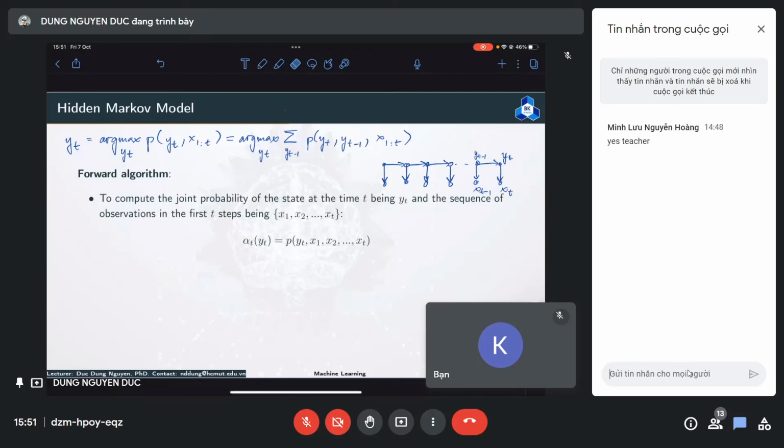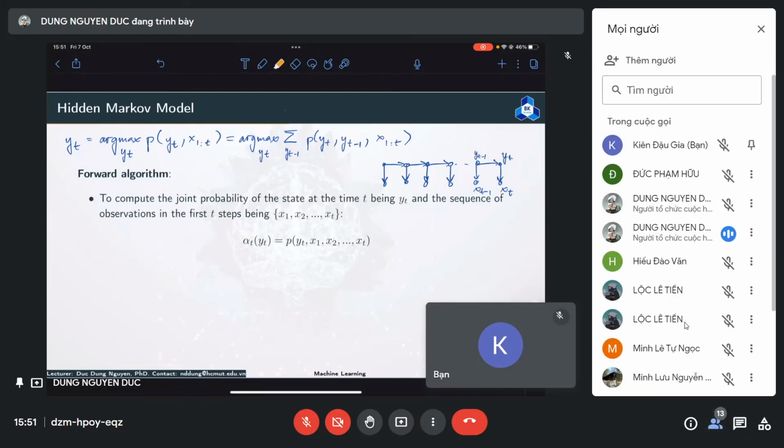So what you see is that the probability that we are trying to calculate is the probability of this whole thing here.